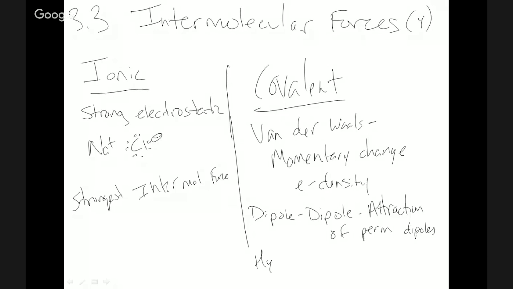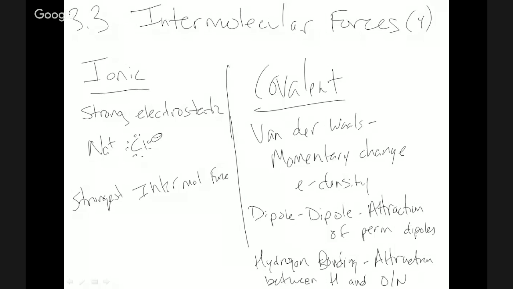Finally, we have hydrogen bonding. Hydrogen bonding is the strongest of the three covalent intermolecular forces. This is a hydrogen atom attracted to a heteroatom, basically a hydrogen atom attracted to an oxygen or a nitrogen. It's an attraction between the H of one molecule and the O or N of another.